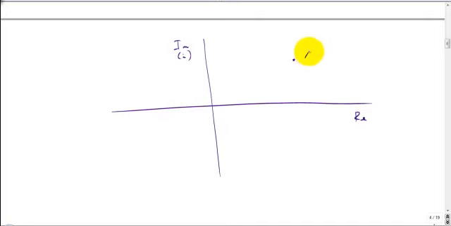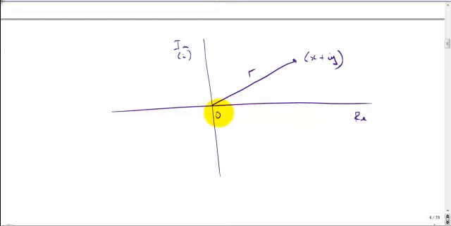So let's say this point is x plus iy. So it's got a real part x and an imaginary part y. So like we've done with coordinate geometry before, we can represent that as a line with magnitude from the origin.